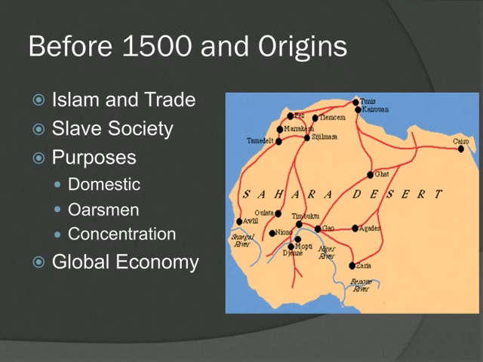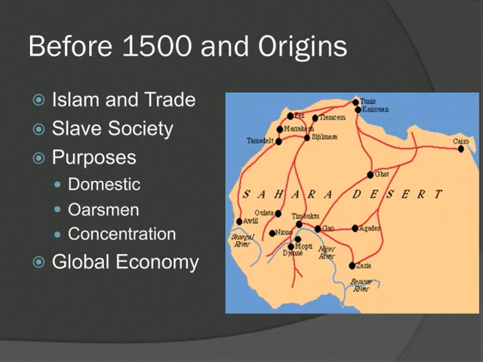So what I want you to get out of this is there was already a slave trade and a slave society intact when Europeans got to Africa, which we'll discuss a lot more later, but it basically meant that the Europeans had an easy time creating a slave trade because it was already there.